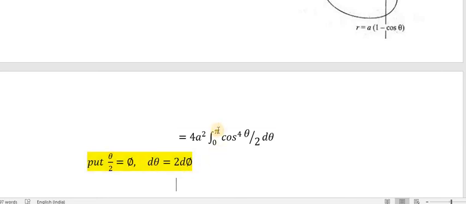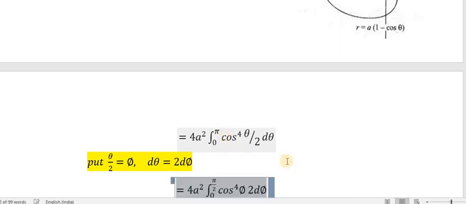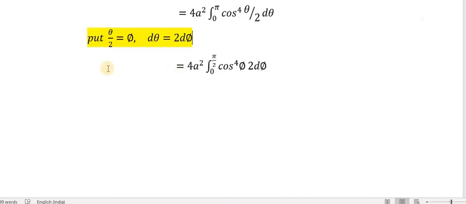So the limits are varying from 0 to pi by 2, and let us substitute the values here. By substituting theta by 2 is equal to phi and d theta is equal to 2 d phi, we get 4a square integral 0 to pi by 2 cos to the power of 4 phi 2 d phi. This 2 let us take outside the integral.